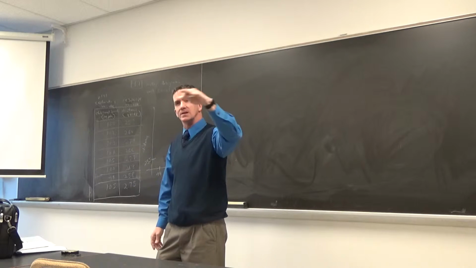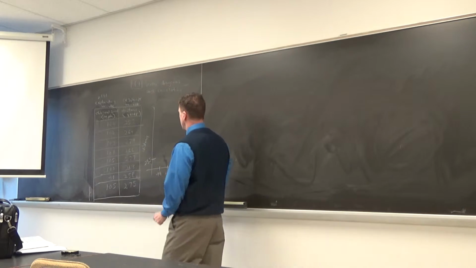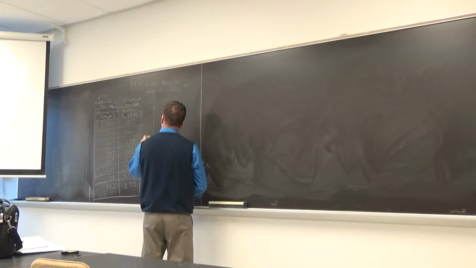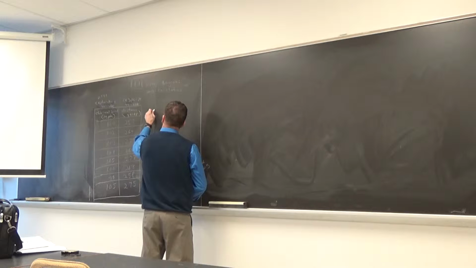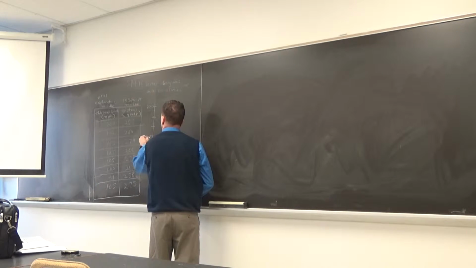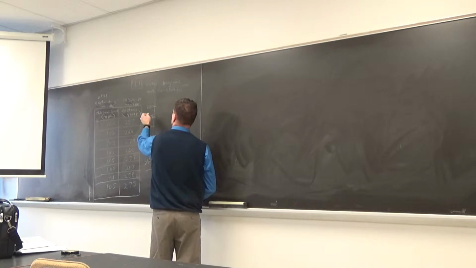I don't have to go by ones. So 255, 260, 265, 270, 275, and a little bit further up, 280. That way I can plot all these. These are my distances, in yards.